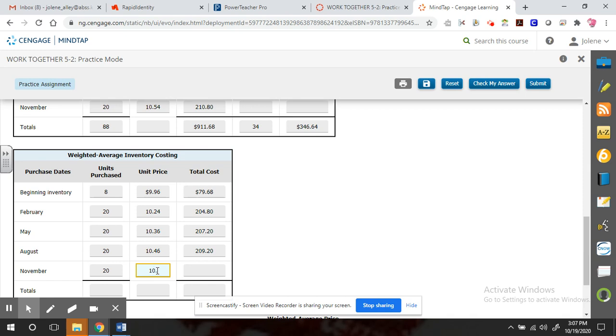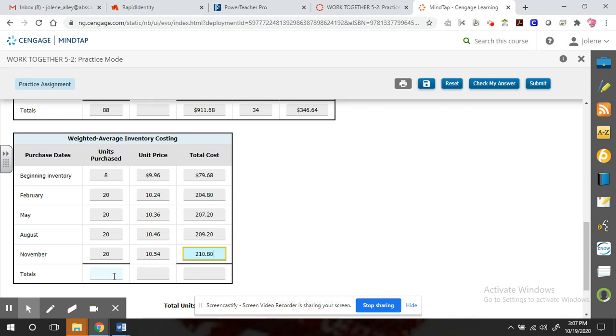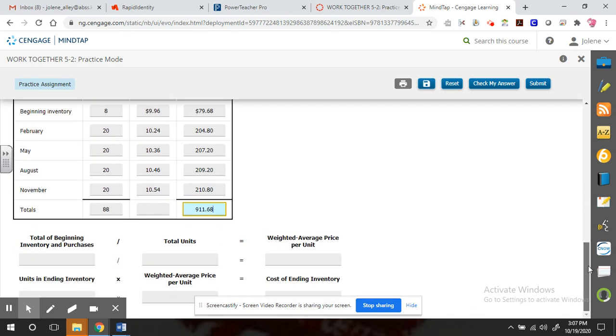This time they were $10.54 each, total of $210.80. And then that made a grand total of 88 of these filters for the year, costing $911.68. Okay, so now we have to do this math down here.